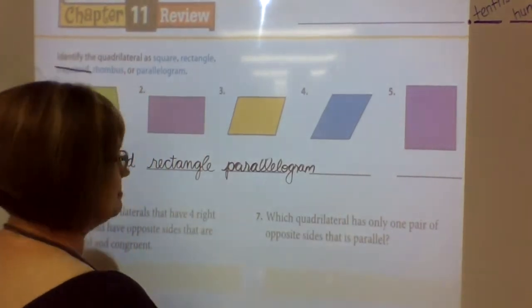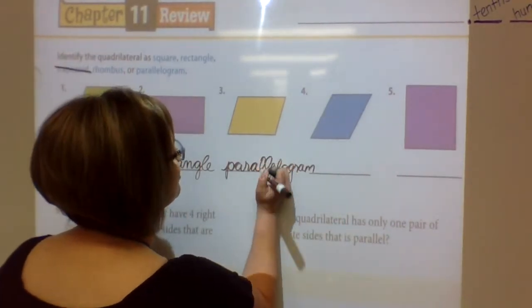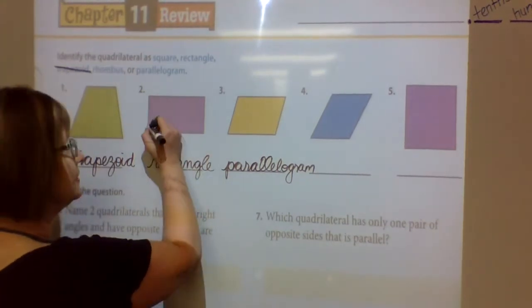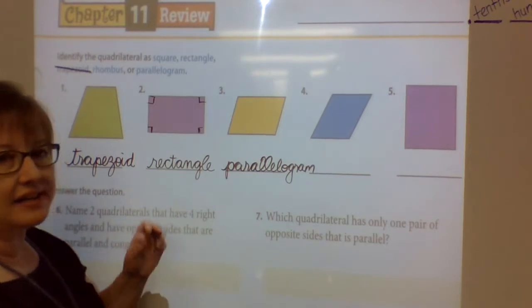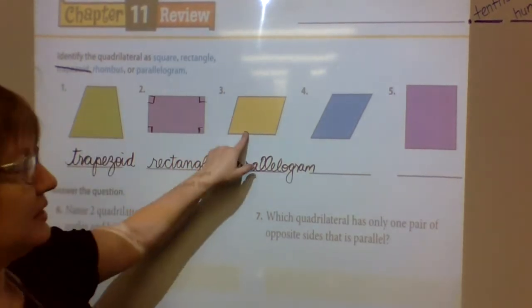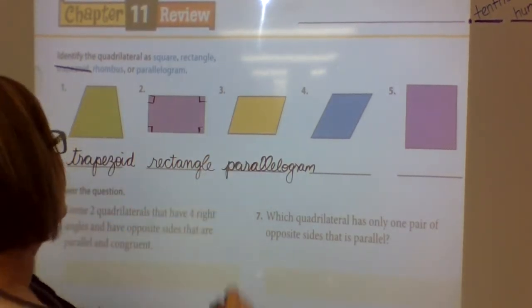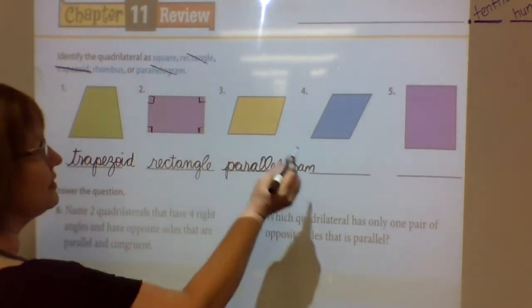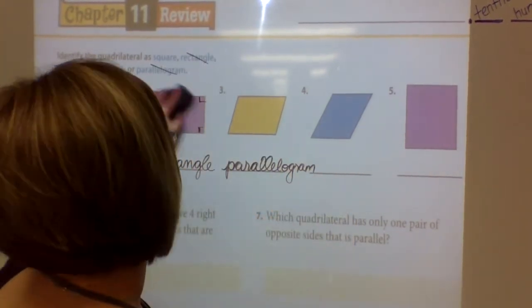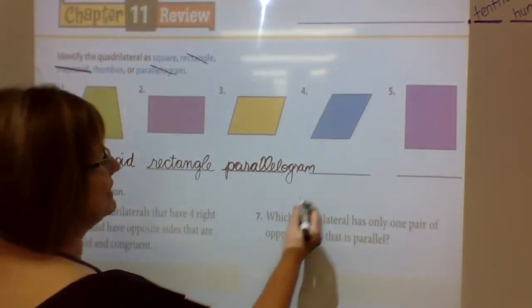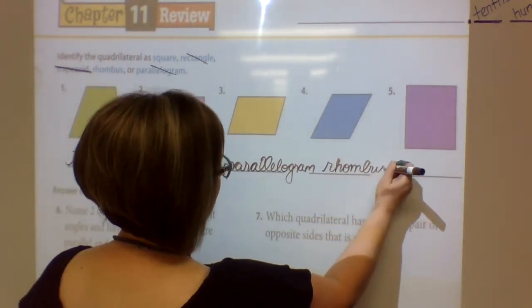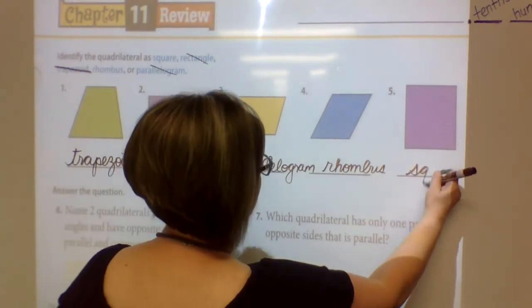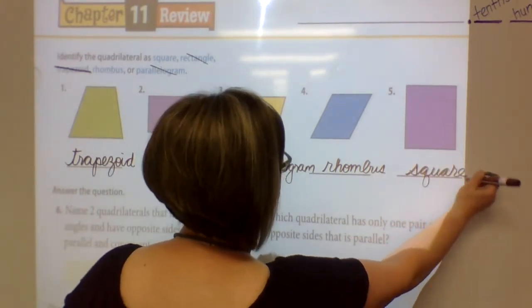Yep, I heard somebody, a very smart person, say it, that this one has 90-degree angles, little corners, exactly 90 degrees. That's what makes it a rectangle, and this one does not. So we use parallelogram, rectangle. What's that one? That's the rhombus. Rhombus and square kind of go together just like rectangle and parallelogram.